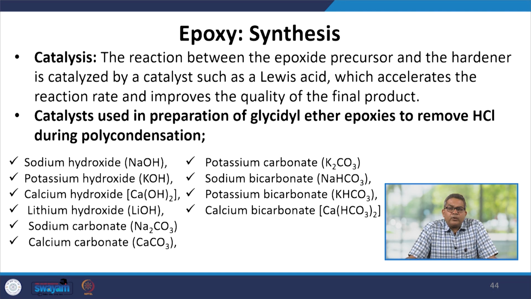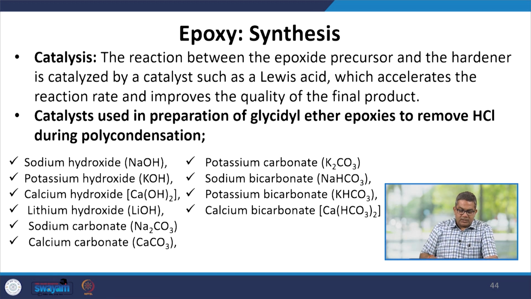Now, when we are talking about the synthesis, let us talk about the catalysts. The reaction between the epoxide precursor and the hardener is catalyzed by a catalyst like a Lewis acid, which usually accelerates the reaction rate and improves the quality of the final product. Catalysts are used in the preparation of glycidyl ether epoxies to remove HCl during the polycondensation.